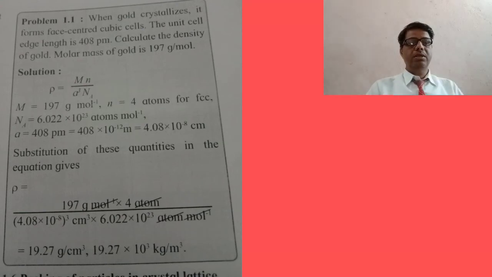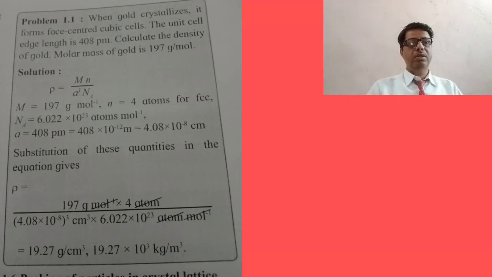The unit cell length is 408 pm, picometer. It is the small unit for measuring the distance between 2 points. Next one, calculate the density of gold, and the given data is molar mass for gold is 197 gram per mole.